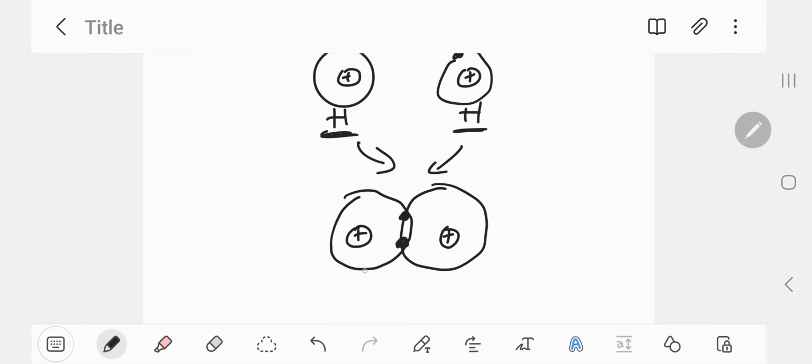They've both agreed to share electrons, and so they're now both happy. They've got a full outer shell. This is written as H with a subscript 2. This is a hydrogen molecule. Hydrogen is a non-metal, and therefore it involves covalent bonding.